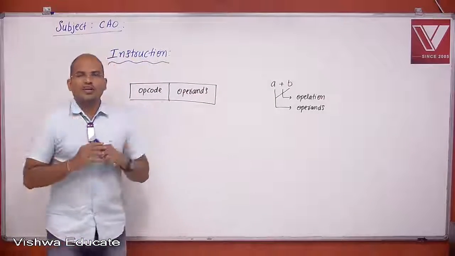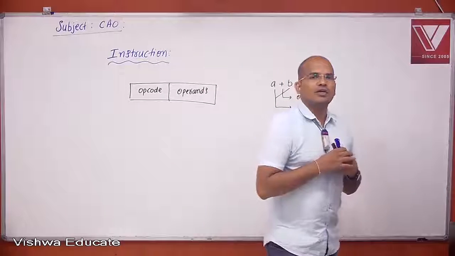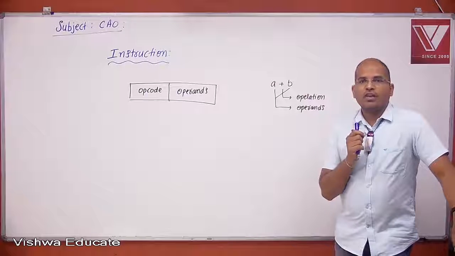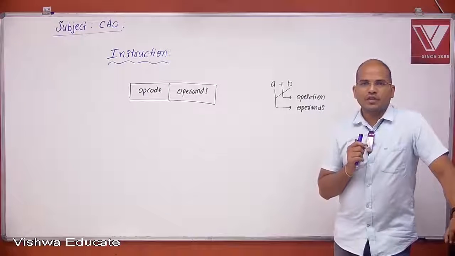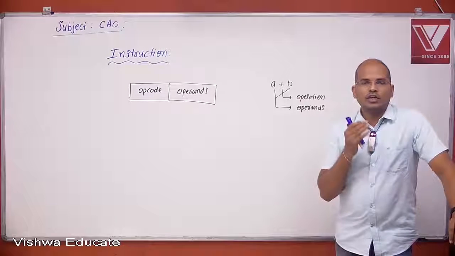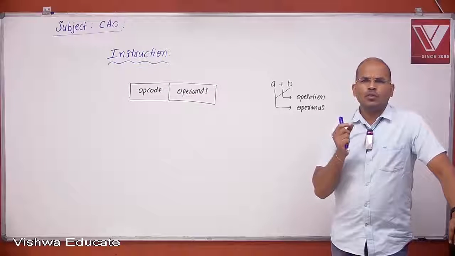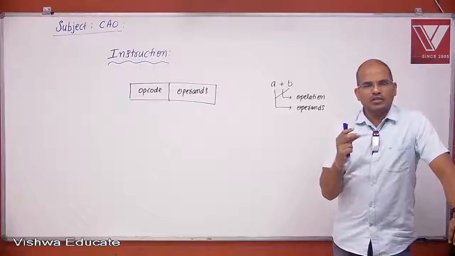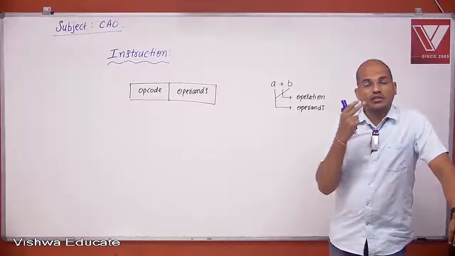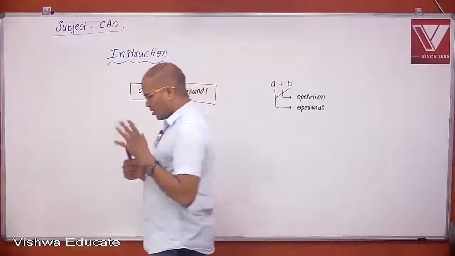Now, how do you classify instructions? If anybody questions you how many types of instructions are there, then again it is processor specific. When I use the word processor specific, I mean it because different processors have got different numbers of instructions. On the whole, the functionality of the instructions remains the same, but the syntax and the count of instructions change. So you can classify instructions on two bases.